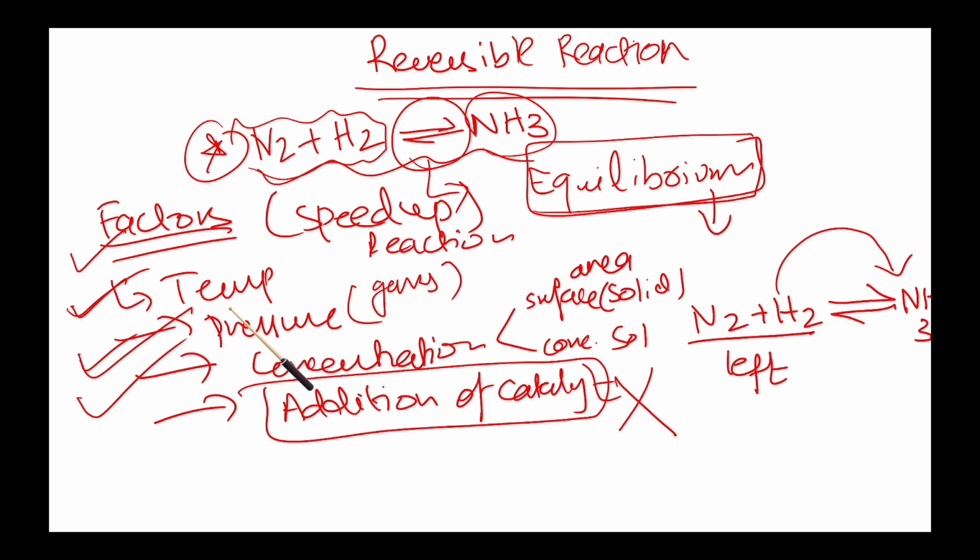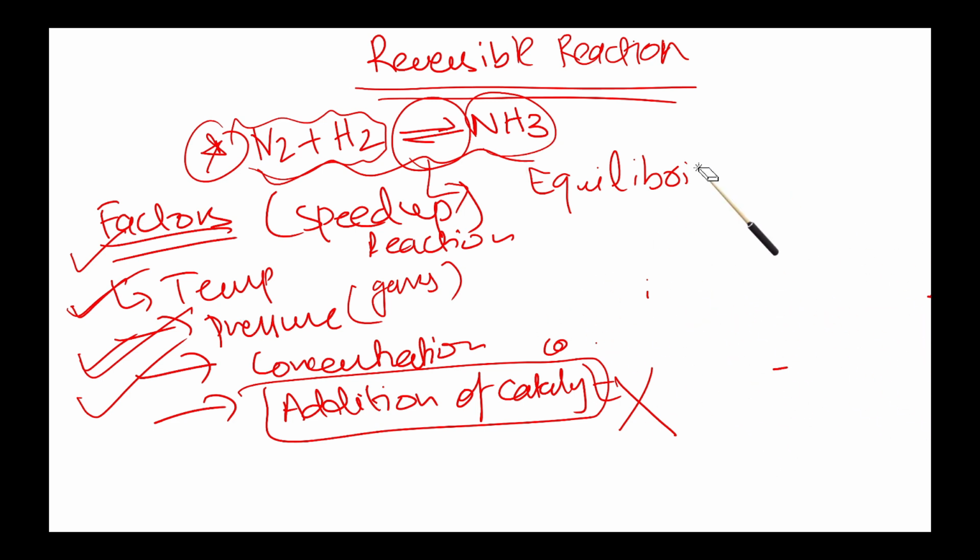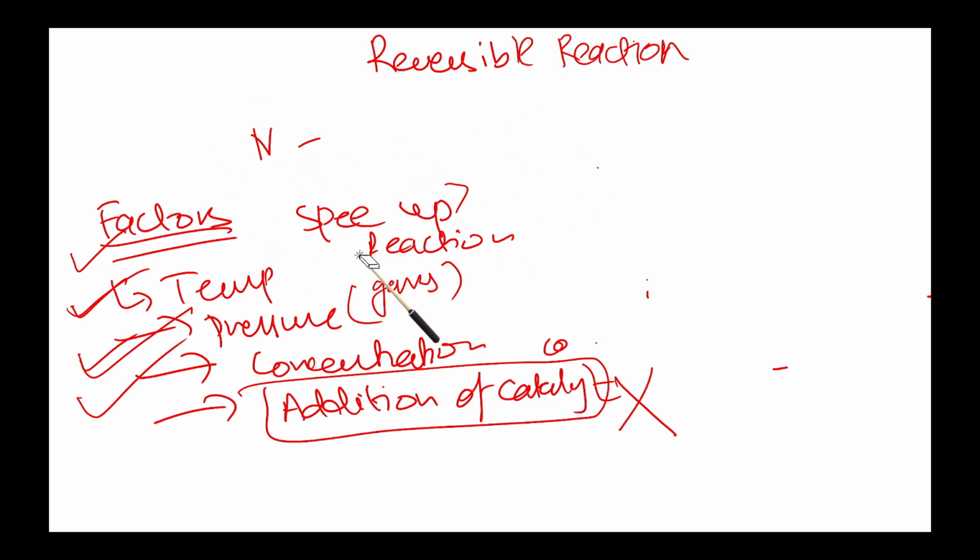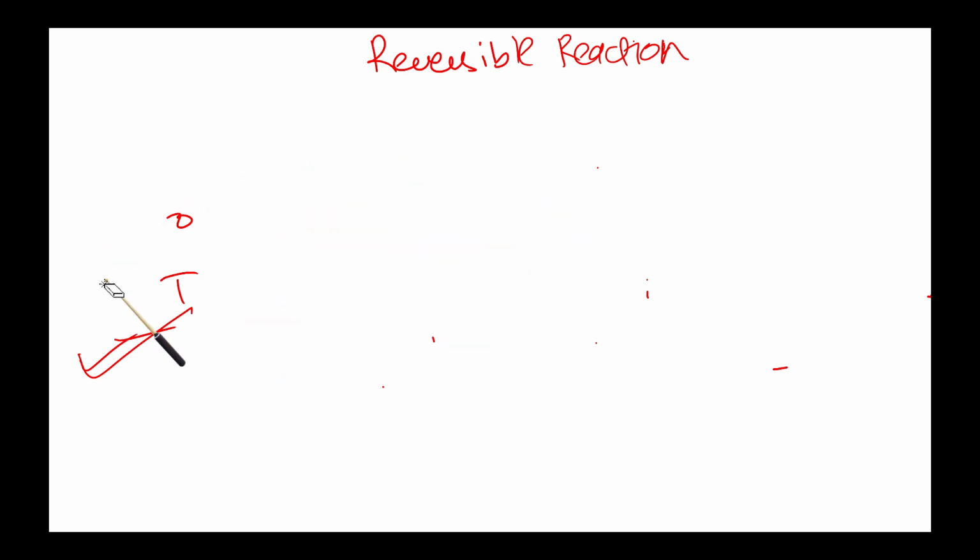So these are the three factors: temperature, pressure, and concentration. According to Le Chatelier's principle, I will tell you how these factors can affect the equilibrium position, one by one.